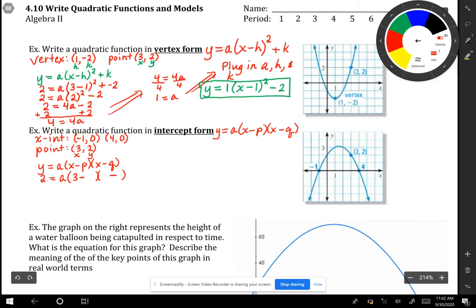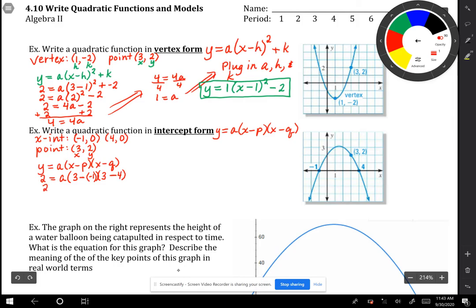We're going to replace p. It doesn't matter which one you call p and which one you call q. So I'm going to replace my p with -1. And here we have x again, and I'm going to replace q with 4.